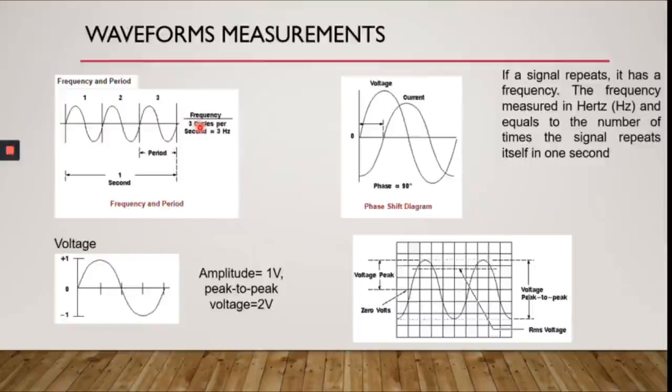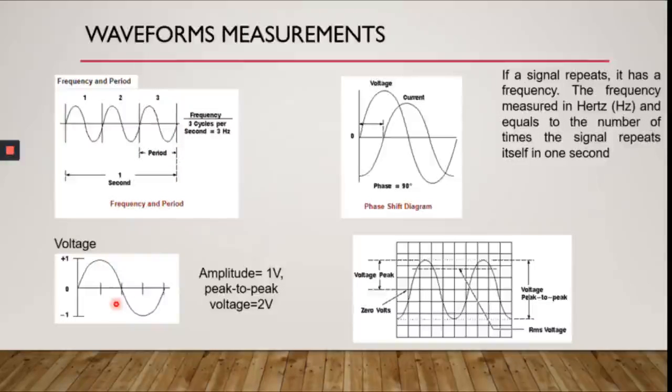So we say we have 3 cycles per second, and we call the frequency 3 Hertz. So 3 Hertz, basically, means we have 3 complete cycles in 1 second. Okay, so 1 period is defined by the time it takes to complete 1 full cycle. So we call it a period.